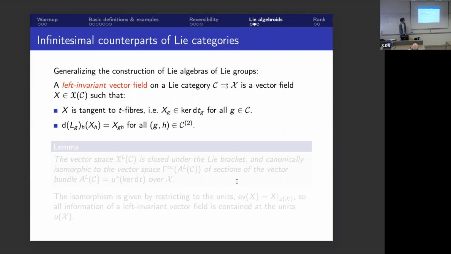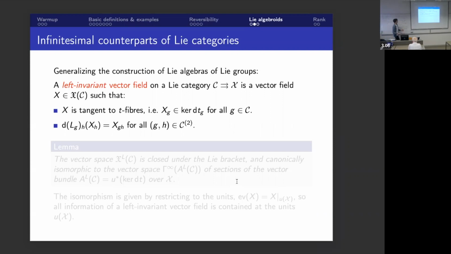But in order to say that something like this would even hold for a vector field, you have to assume that X is tangent to the t-fibers. Why? Well, it's pretty simple again. It's because left translation by g is only defined on t-fibers.